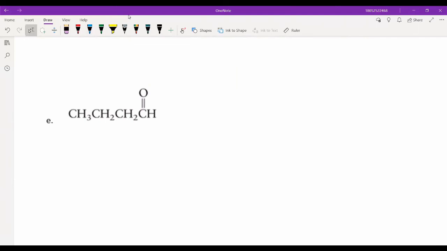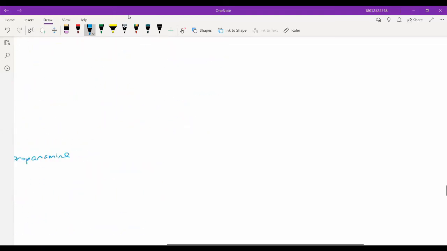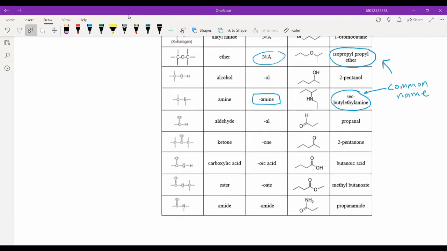Okay, there are 5 functional groups that have this pattern of a carbon double bonded to an oxygen. So when you have that, you really want to see what it's next to, on either side, and that determines the functional group. Essentially the last 5 in this chart all have that, which is called a carbonyl group.